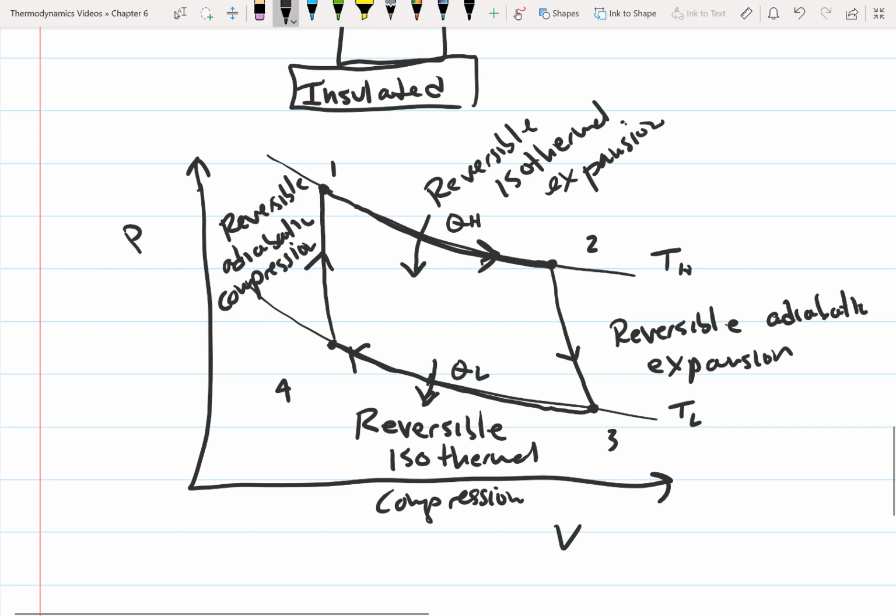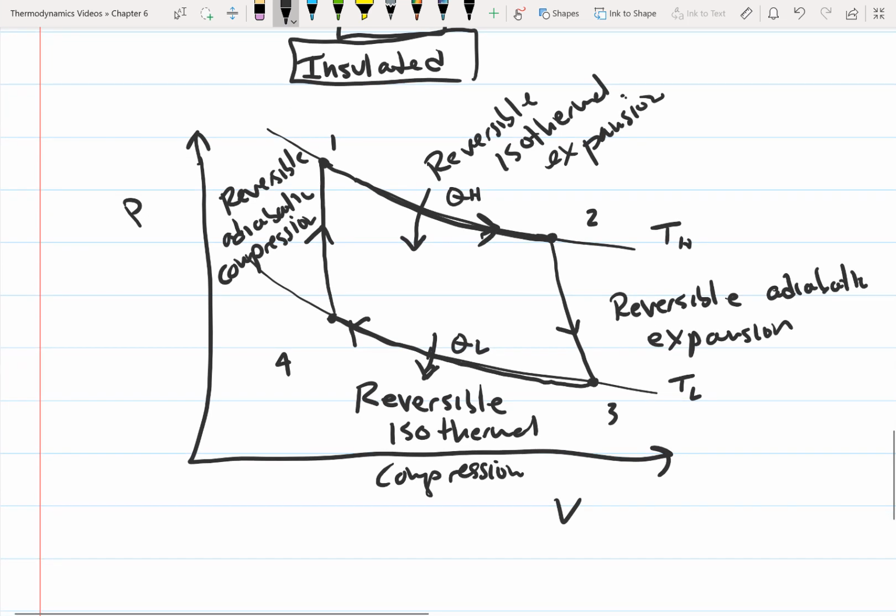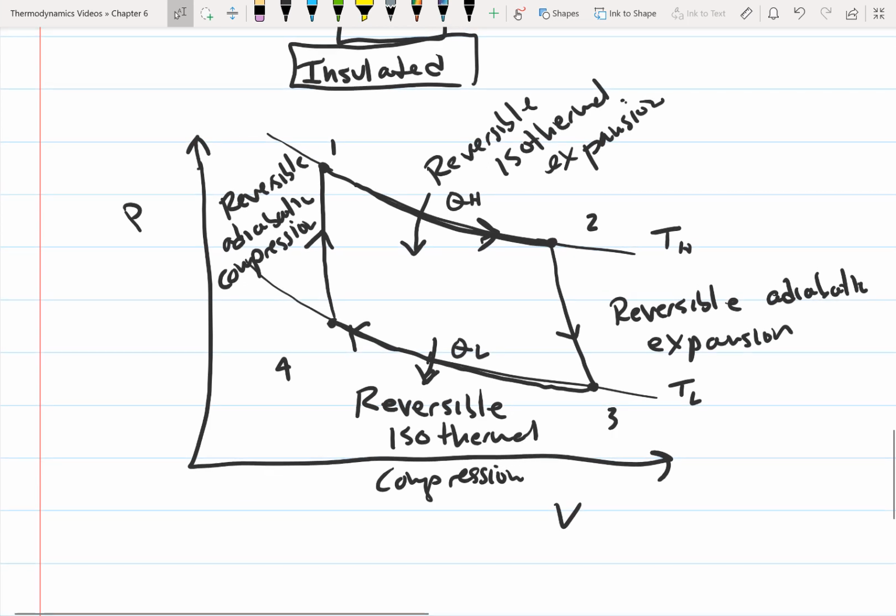And so really what makes the Carnot cycle unique is how the processes are done. So they're all reversible, so the processes are taking place in a really specific way to make them reversible. And basically our heat transfer doesn't cause a temperature change.